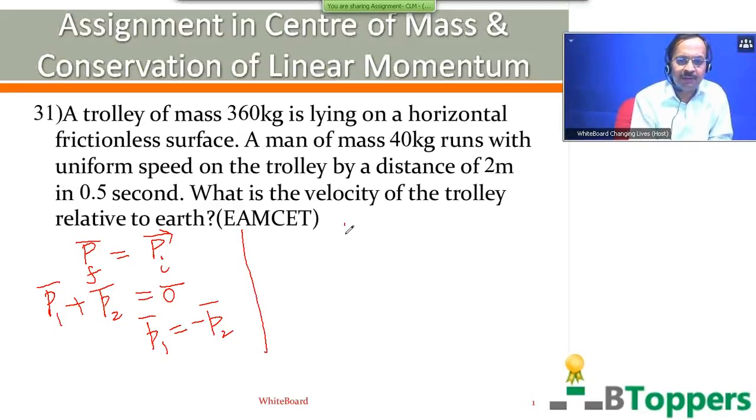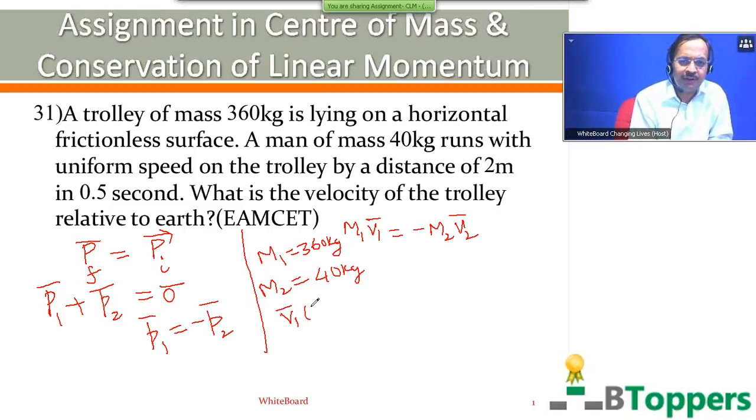So in vector form we can write M1 V1 bar equal to minus M2 V2 bar. Here M1 is the mass of the trolley, that is 360 kg. M2 is the mass of the man, which is equal to 40 kg.